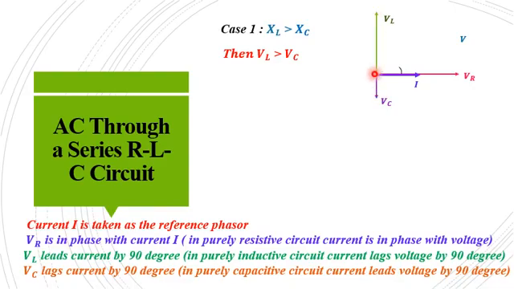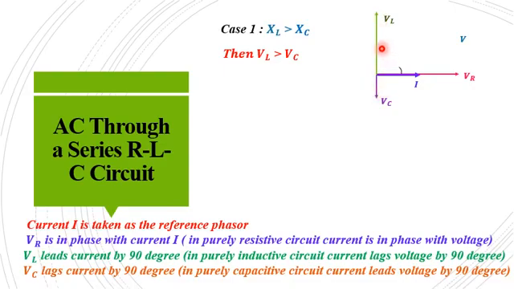Now our next aim is to find the resultant voltage V. The resultant voltage V is the vector sum of VL, VR and VC. Here we can see that VL and VC are in line.